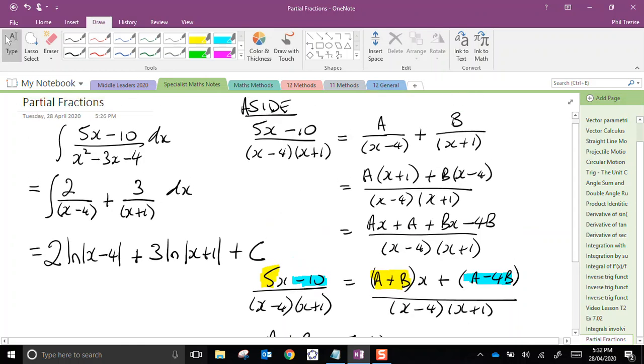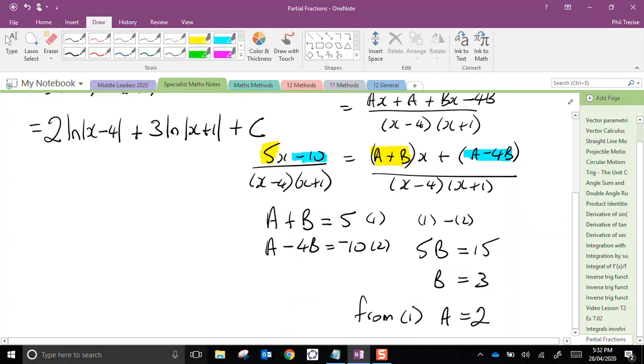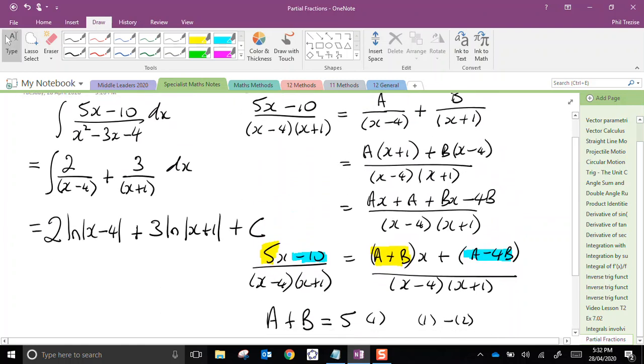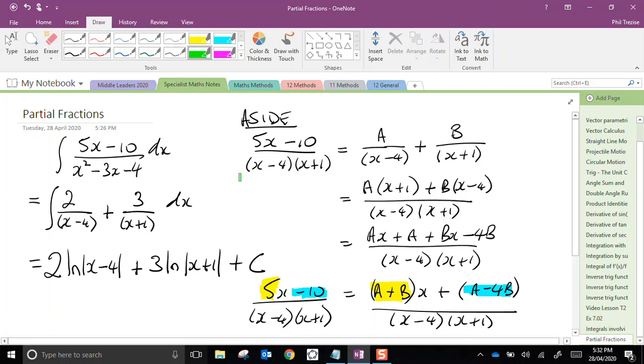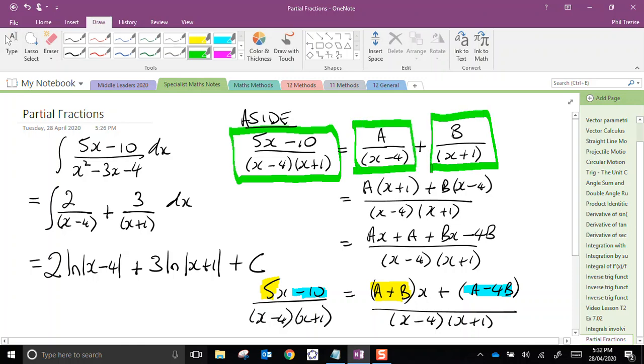My integral was done in 3 steps, but the preparation to get from step 1 to step 2 took all of this work over here. And this is the stuff over here we refer to as partial fractions. We're decomposing this rational expression, which is what we were given to start with, into 2 fractions. Each of them is a part of the original. That's why it's called partial fractions.